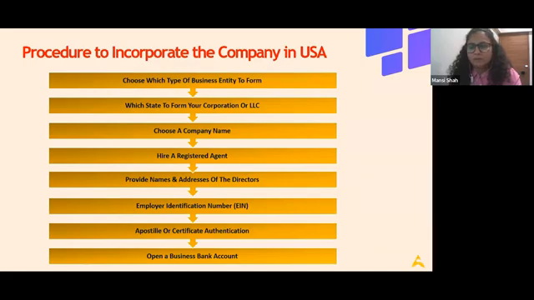So now, what is the first step? Once we have decided that we want to go for INC or LLC, the next step is deciding which state we are going to form the company or the LLC in.